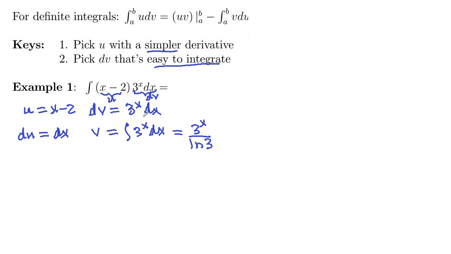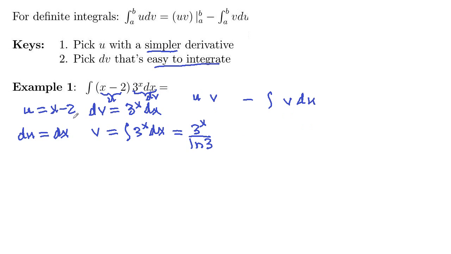Now, you don't have to write the integral sign out here. If you don't want to, you can just do the antiderivative. So then up here, we want to rewrite uv minus the integral of v du. And we hope this is an easier integral.